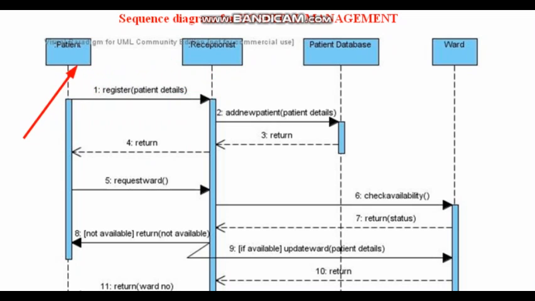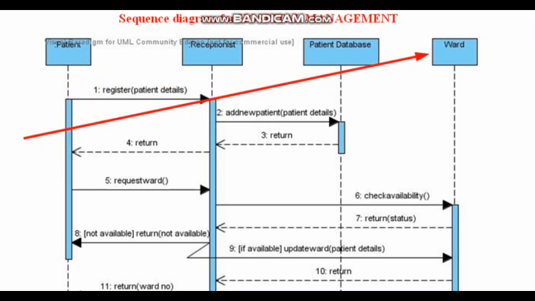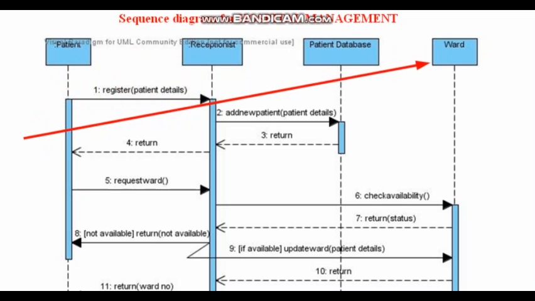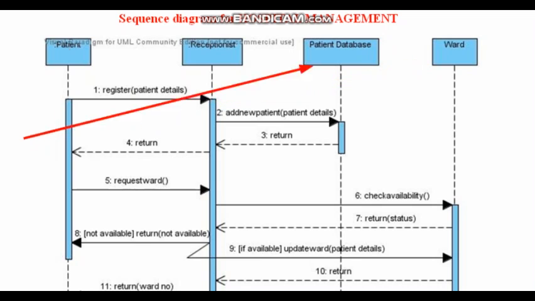If the patient is admitted, the patient may need a ward or a bed. So the receptionist is going to tell the patient to make the payments to the finance system, and then after that the patient is provided a ward or admitted to the hospital, isn't it? So let us see all the activities one by one, okay.